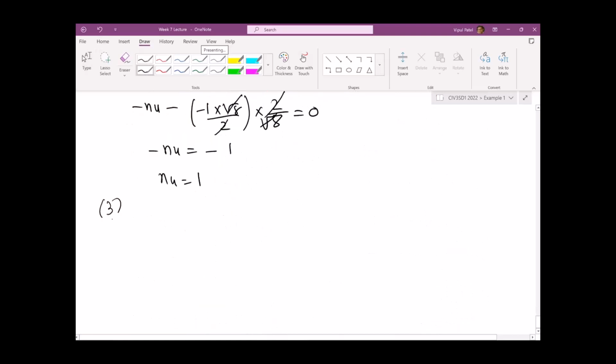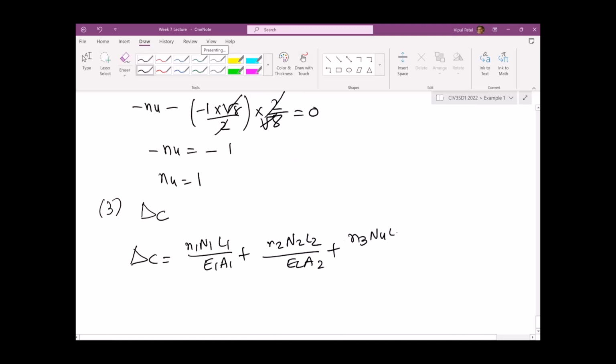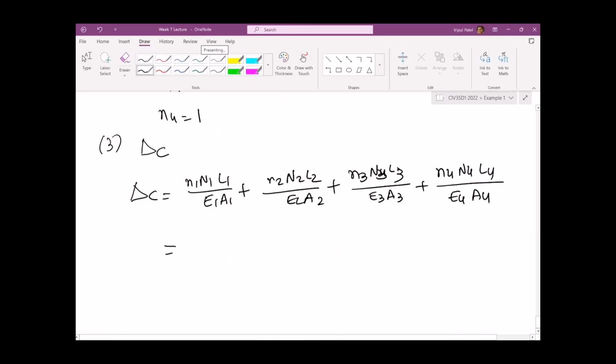Now step number 3, we need to find the displacement delta C. The equation is simple: capital N1 L1 over E1 A1 plus N2 L2 and so on. We have 4 members, so we need to write all 4 of them. I hope you understand this simple story that we are following. It's just the 2 examples that we solved.